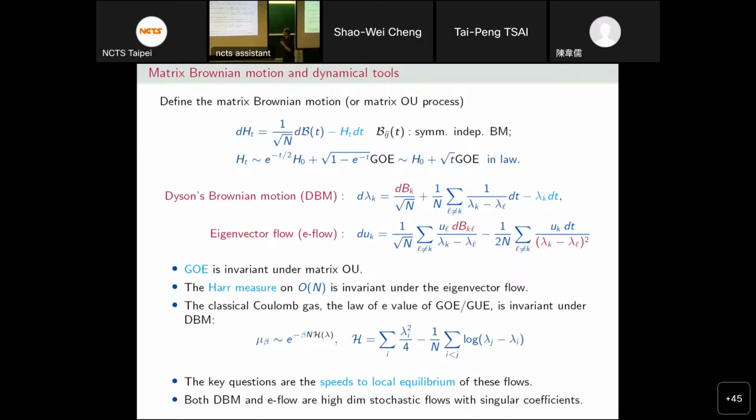And now, how can something like this connect with differential geometry? I feel that there is a possibility. The reason is because if you take out this lambda_K minus lambda_L, you replace this coefficient by 1, then this eigenvector flow is the same as the Laplace operator.